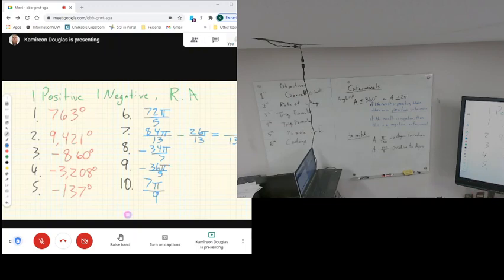So I subtract 84 minus 26, and I end up with 58 pi over 13, a positive answer. Then you could add 2 pi to that. 13 over 13 would give you 1 pi. You want to subtract 26 over 13.